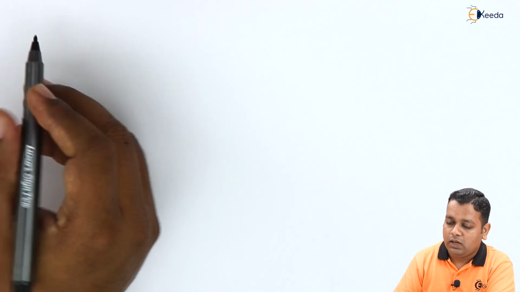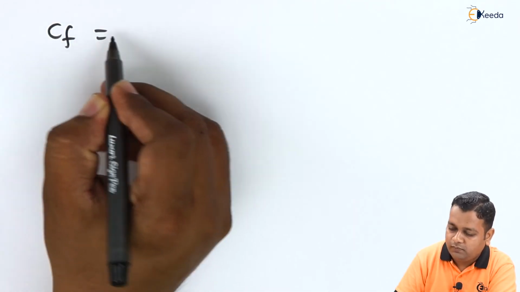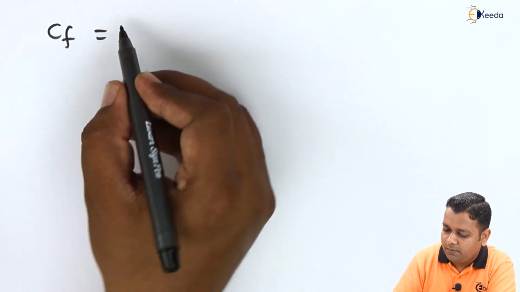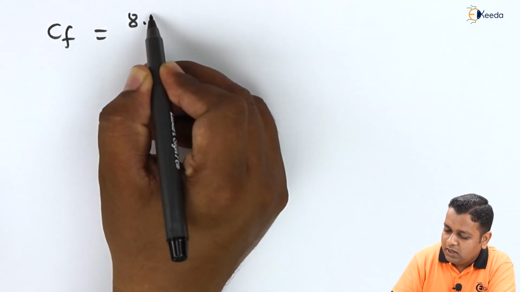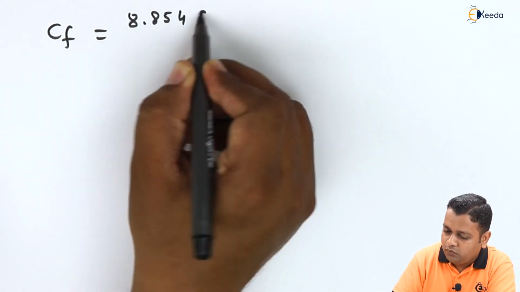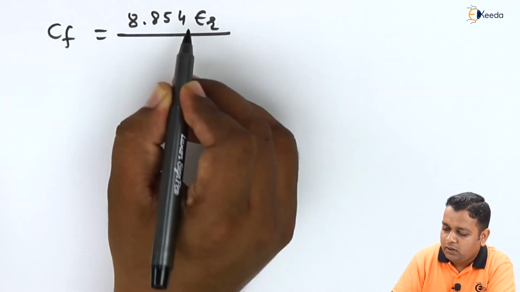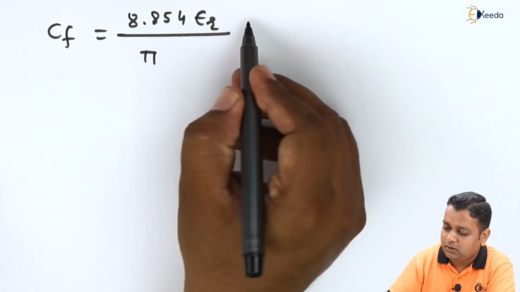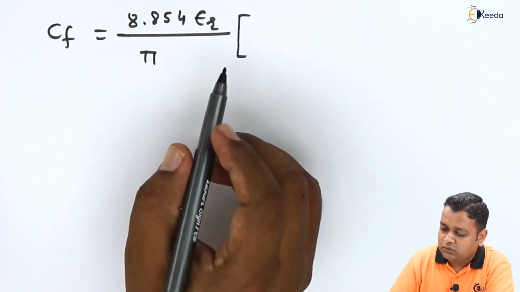Next, on the right hand side, the second term inside the bracket with the inverse power is C suffix F. C suffix F is nothing but the fringe capacitance, calculated as 8.854 times epsilon r, the relative dielectric constant, divided by the constant pi, in multiplication with the square bracket.